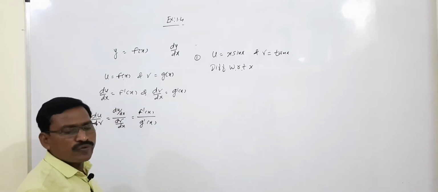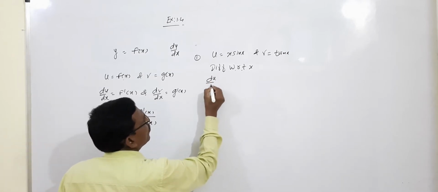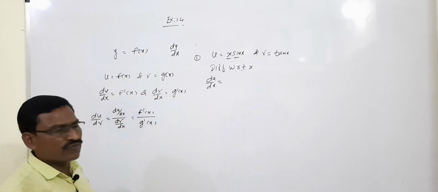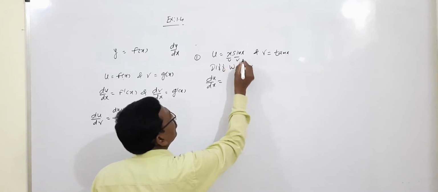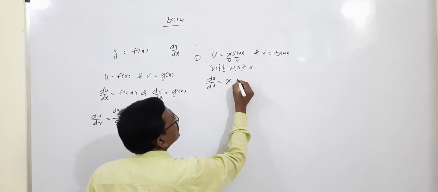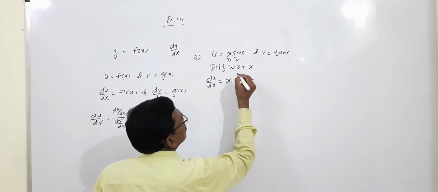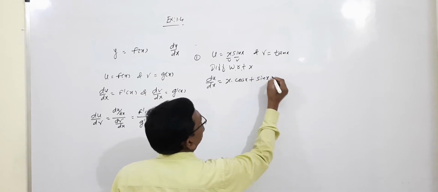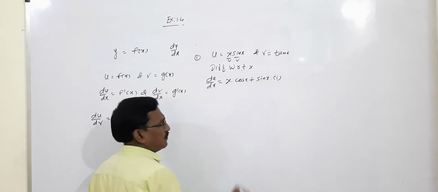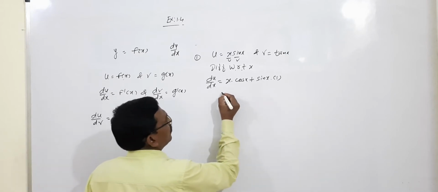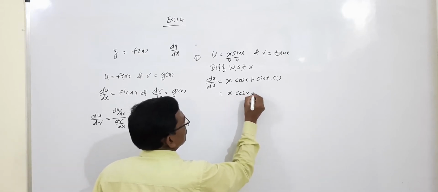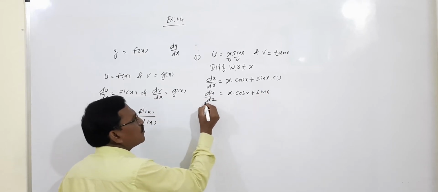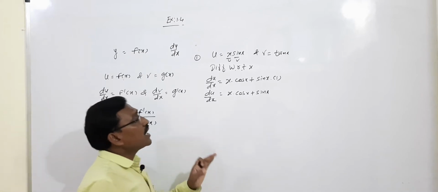So the derivative of u with respect to x, du by dx, we get using the product rule of differentiation. First function as it is, into the derivative of the second, which is cos x, plus the second function as it is, into the derivative of x with respect to x, which is 1. It gives x into cos x plus sin x, and this is the derivative of u with respect to x.